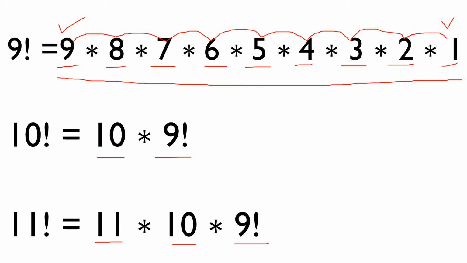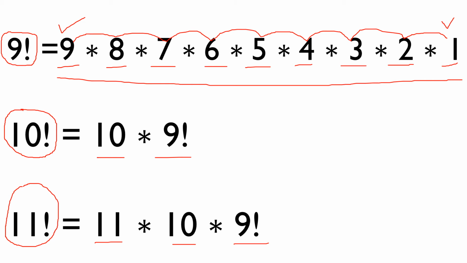Like I said earlier, 9 factorial is the denominator of the question we have in stock, while 10 factorial is part of the numerator, while 11 factorial is also part of the numerator.